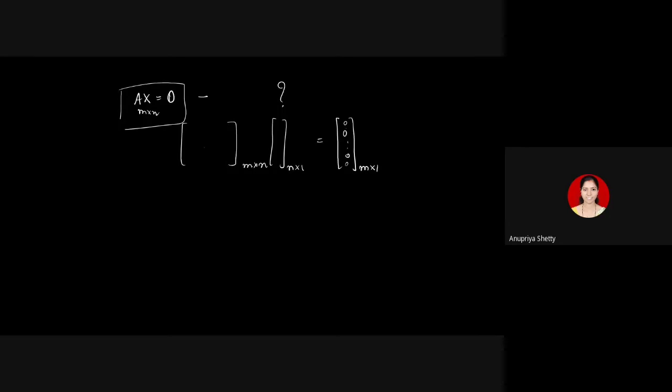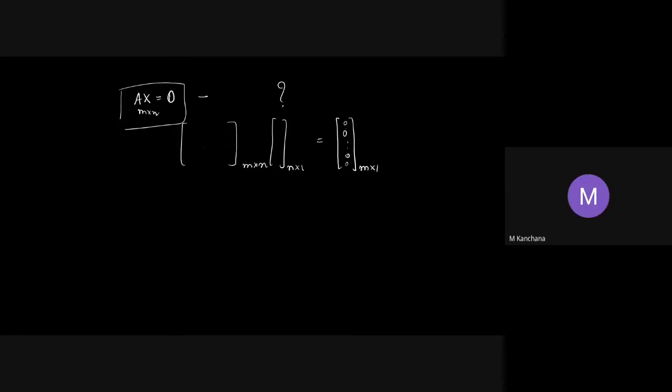Simple it is. I have to take a column which multiplied with any matrix will give me zero column. Kanchana? Yes, ma'am. Yeah, can you answer? What column can I take here?